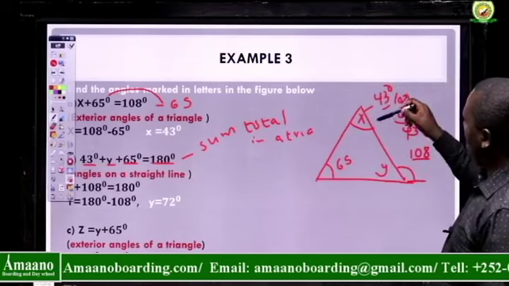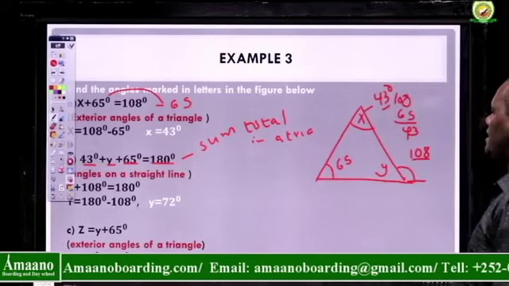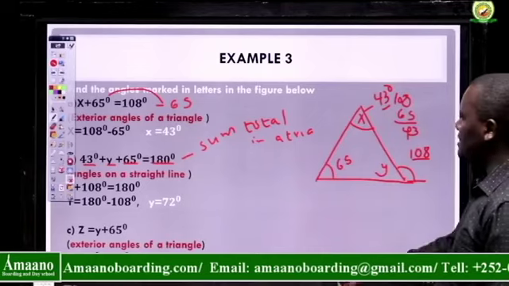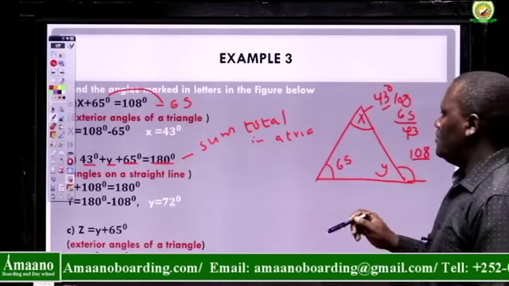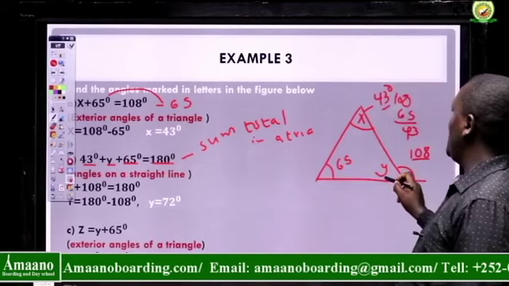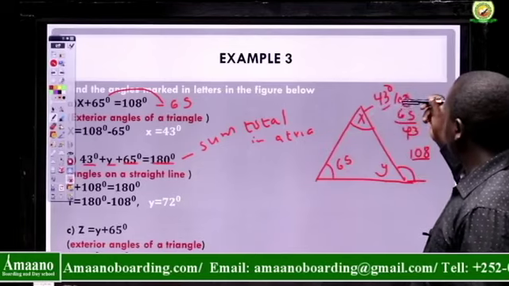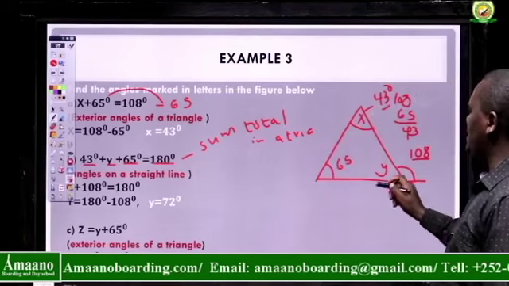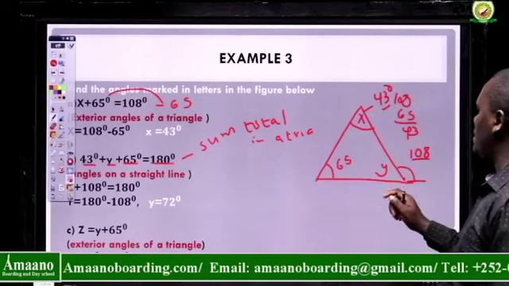That means x plus 65 plus y equals 180. Those are interior angles of a triangle. Therefore, for me to find angle y, I will add 43 plus 65 and take it away from 180. That is one way of finding angle y.